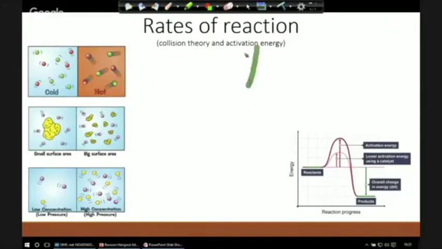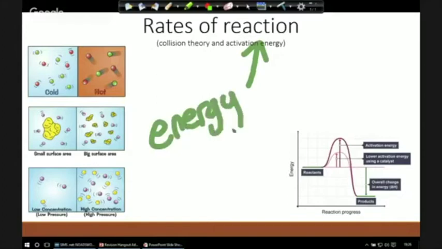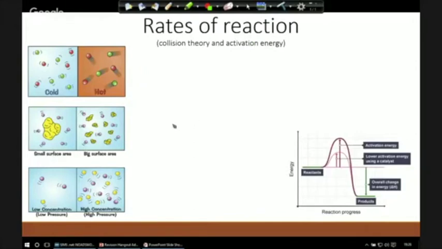Now, finally, with all of that comes the activation energy. Well, that's simply the amount of energy, the minimal amount of energy that we need for these particles to react. And so sometimes, if we add certain products, such as catalysts, they will lower the activation energy.